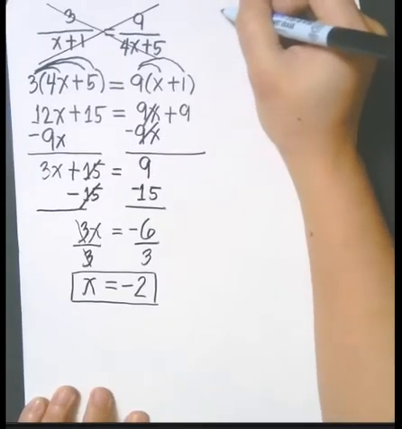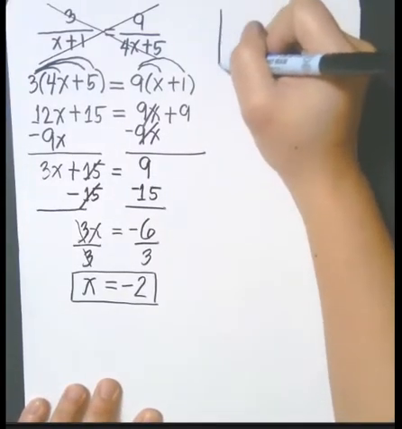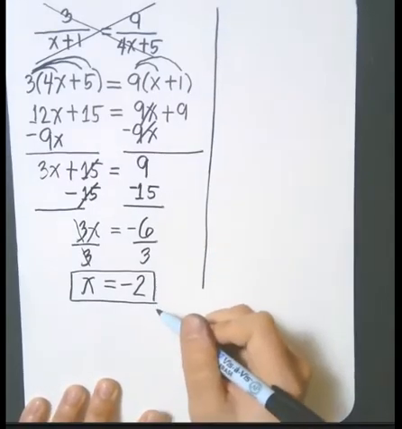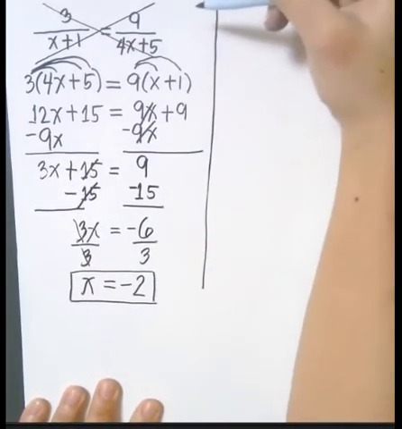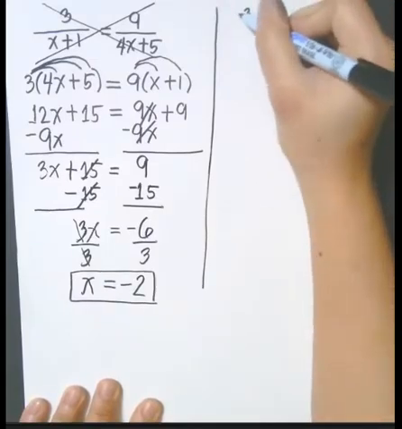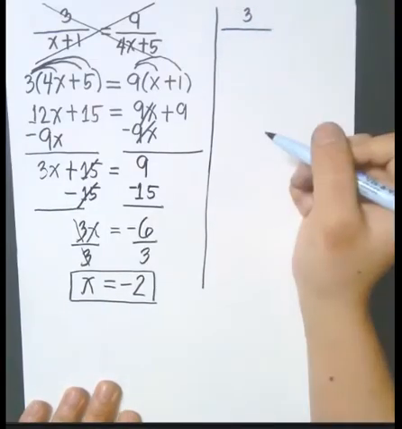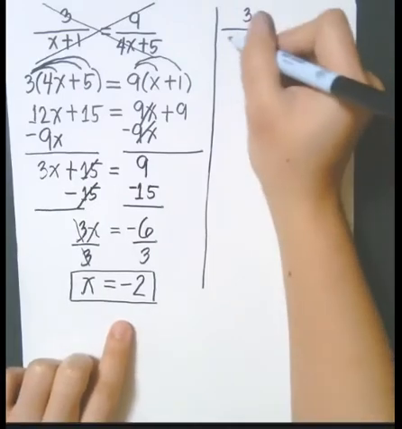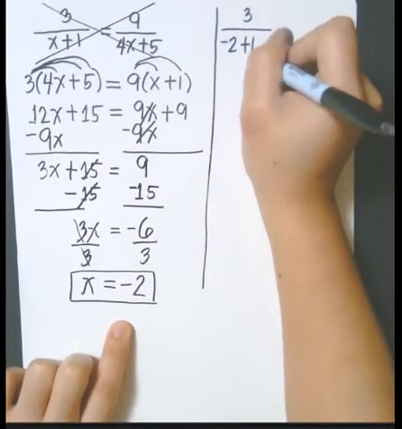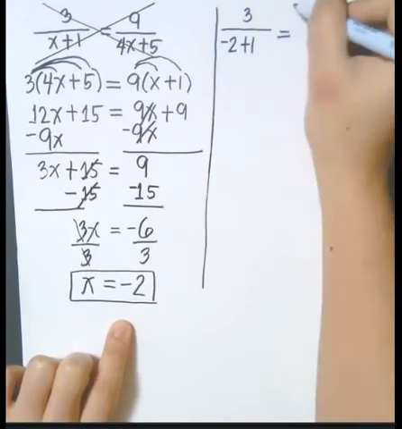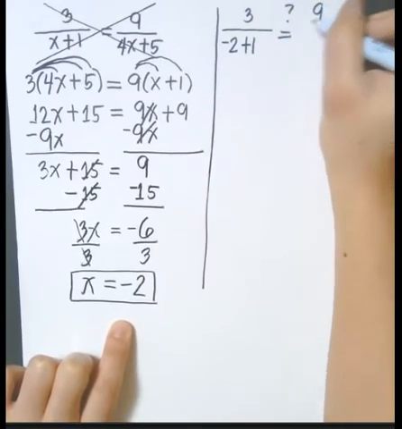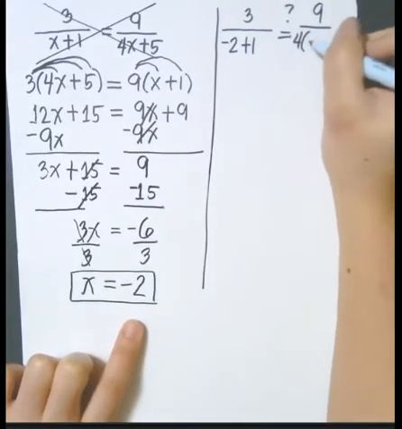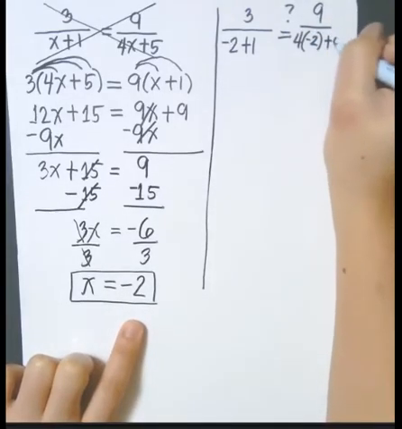To check whether or not our answer is correct, we need to plug in the value of our x into the given original equation. Let's try that out. We have 3 all over, plug in the value of your x, negative 2 plus 1, is it equal to 9 all over 4 times the value of our x, negative 2 plus 5.